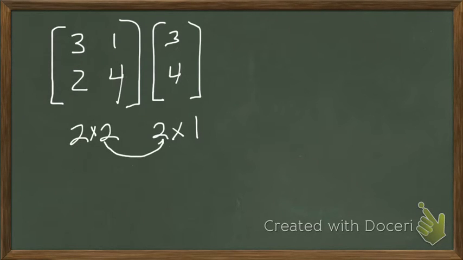These two dimensions have to be the same. In other words, the columns in the first matrix have to be the same as the rows in the second. And when we multiply them together, we multiply the first element and then the second element and add. So this would become 9 plus 4.